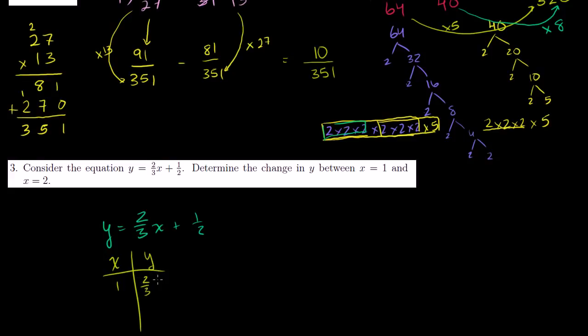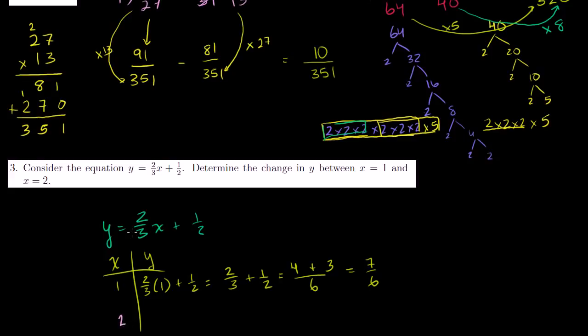It's 2/3 times 1 plus 1/2, which is equal to 2/3 plus 1/2, which is equal to a common denominator of 6. 2/3 is 4/6. Multiply both of them by 2. Plus 1/2 is 3/6. So this is equal to 7/6.